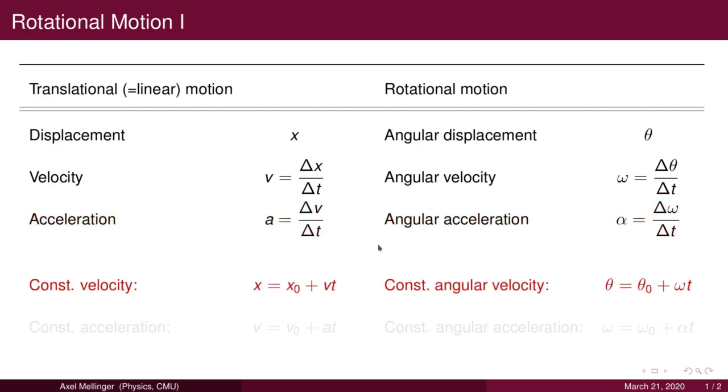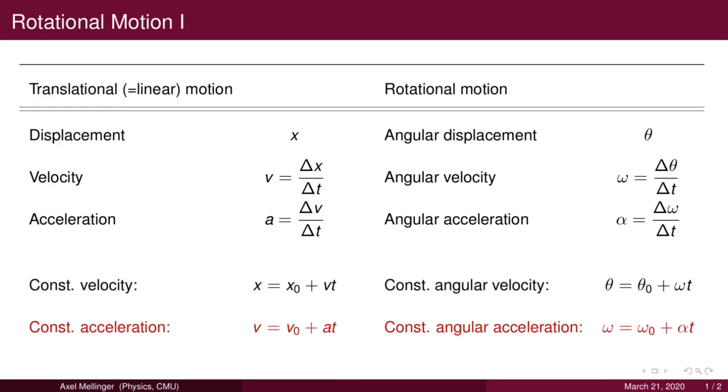When an object moves at constant velocity, the position changes according to x equals x naught, the initial position, plus velocity times the time. For angular motion at constant angular velocity, we have a very similar equation. The angle is equal to some initial angle, theta naught, plus omega times t.